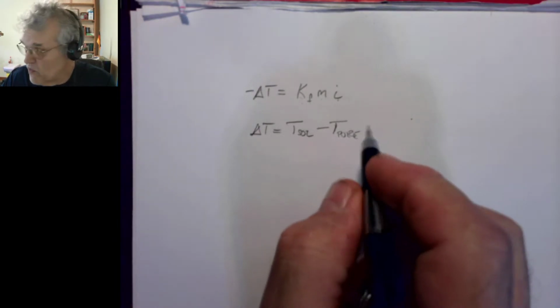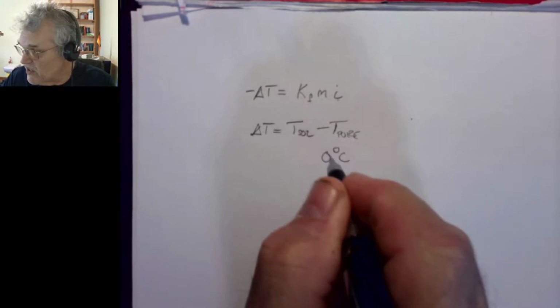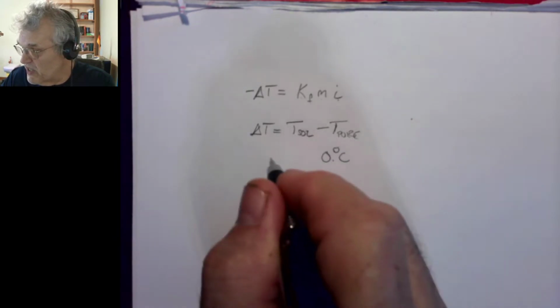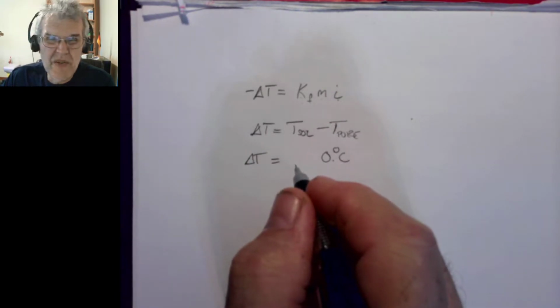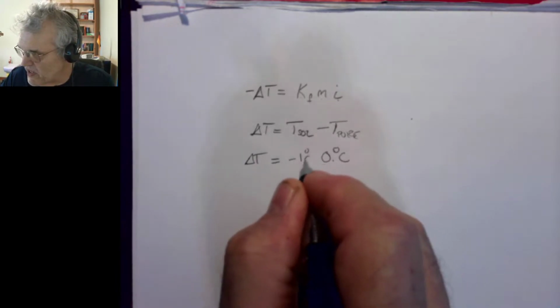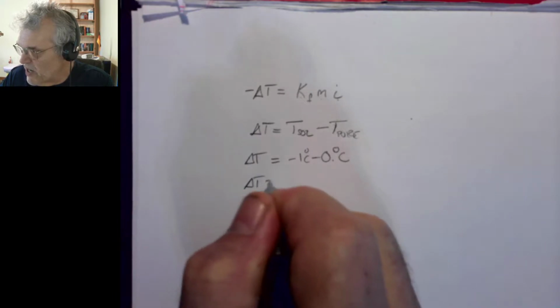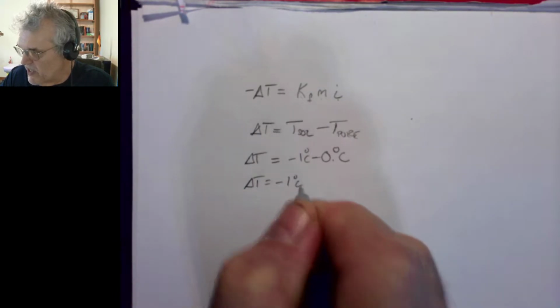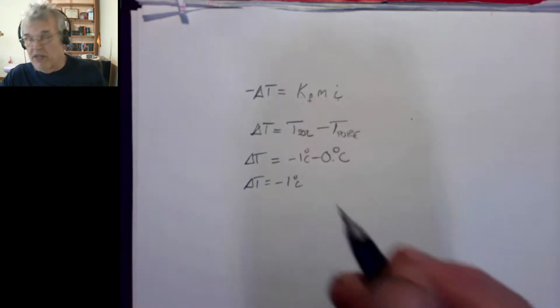Pure solvent, water normally freezes at 0 degrees Celsius, right? So this would be 0 degrees Celsius. So let's say this reduces it down to negative 1 degree Celsius. Negative 1 degrees minus 0 degrees says our change in temperature is negative 1 degree Celsius. Okay, that makes perfect sense. The change in temperature is 1 degree Celsius.